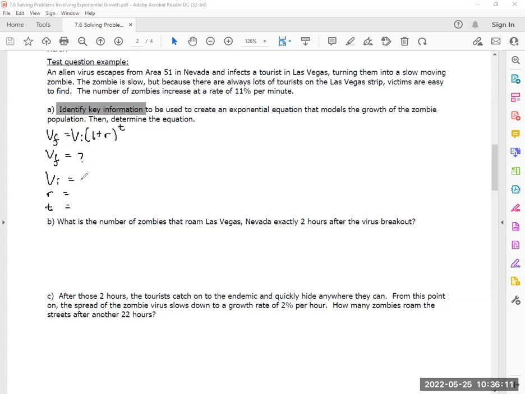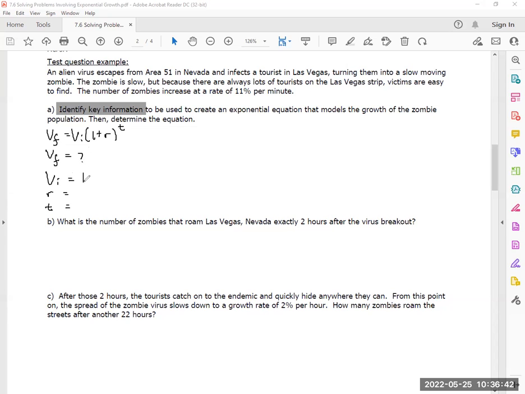Do we have the initial value of zombies? The starting value for the zombies. How many zombies do we start with? Read the question. Just picture it like a movie in your head. How many zombies do we start with?